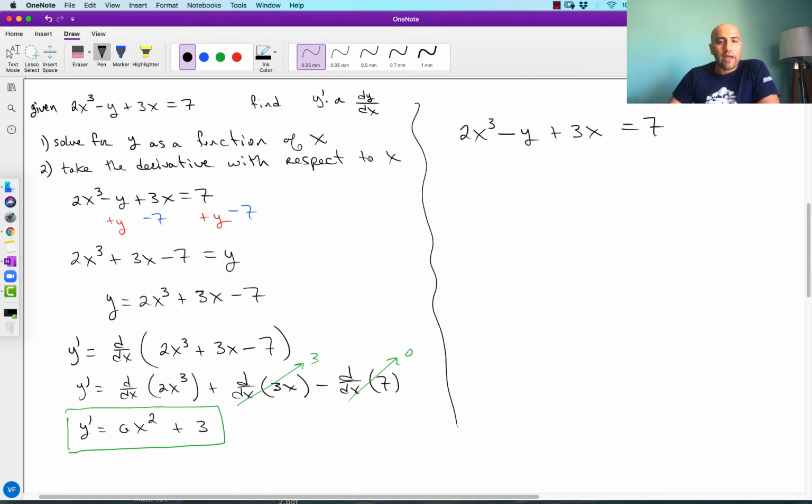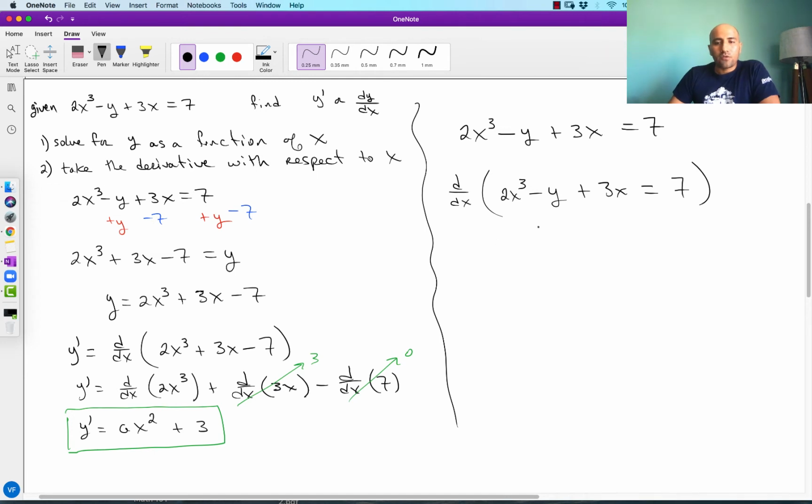When you're asked to find dy/dx, you have to pay attention to the fact that the variable of differentiation is the x. So we're going to take d/dx of all of this, the whole thing, the derivative of the entire expression.